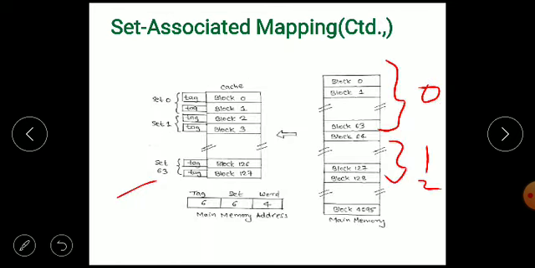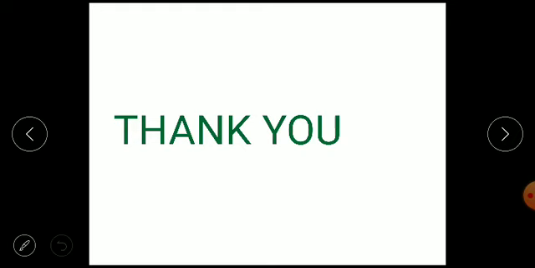So I hope you have understood what set associative mapping is. These are the basics of cache memory and the three different mapping techniques.